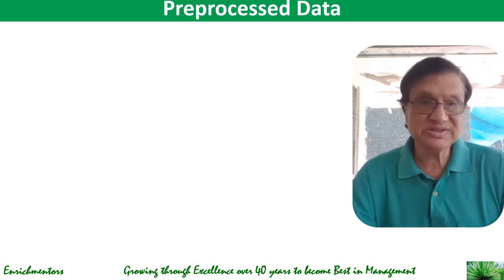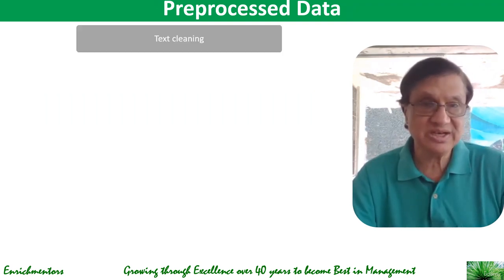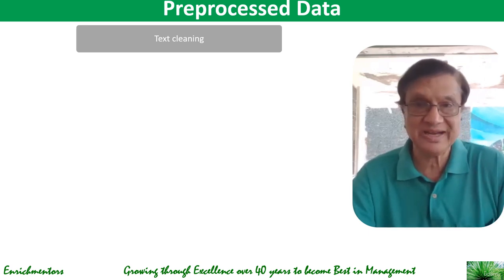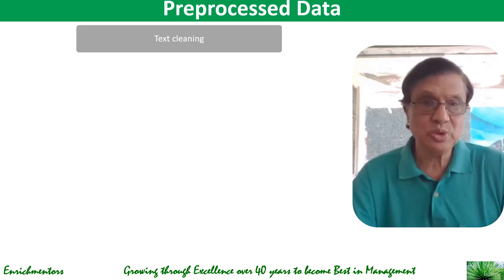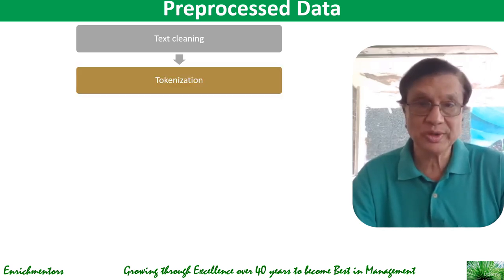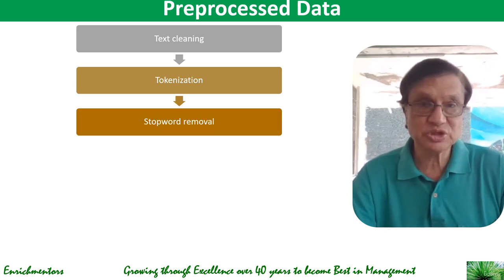Then they pre-processed the data to make it suitable for sentiment analysis. Text cleaning: they removed special characters, punctuation, or HTML tags, and converted text to lowercase to standardize the text format. Then they split the data into individual words or tokens for further analysis, and removed common stop words like the and is that do not carry significant meaning.